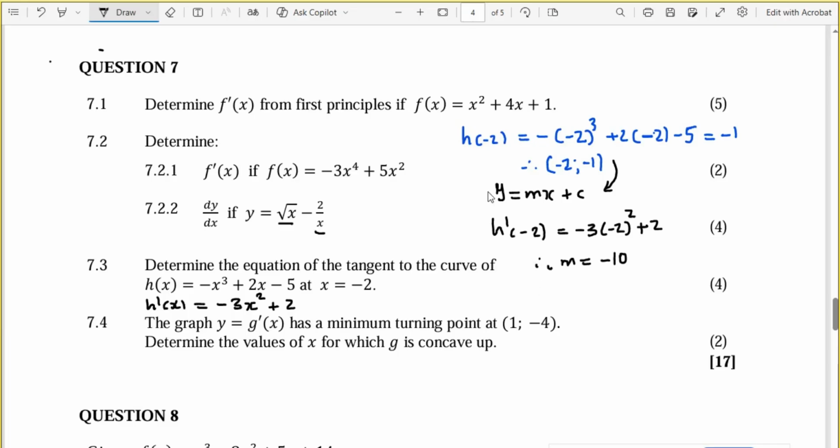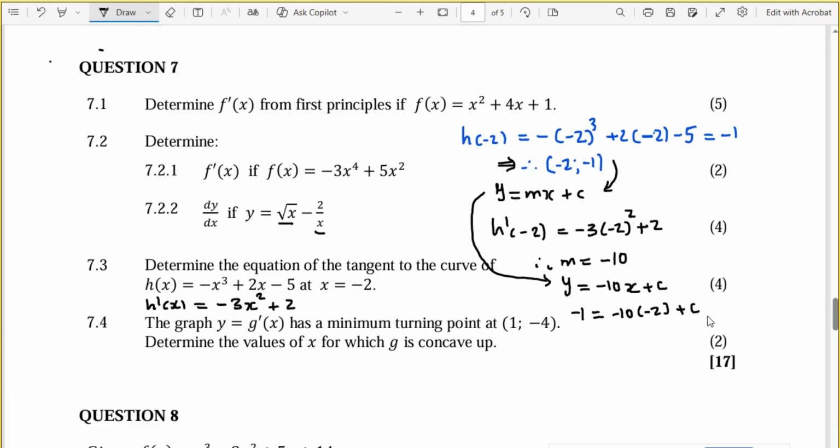So from this equation, I'm going to substitute in my gradient: y equals minus 10x plus c. Then use this point. So I think you understand why we had to calculate the point of contact. Now we need to use that point of contact to find the value of c. Where there's y, I put minus 1, and this is equal to minus 10, where there's x, I put minus 2, plus c.